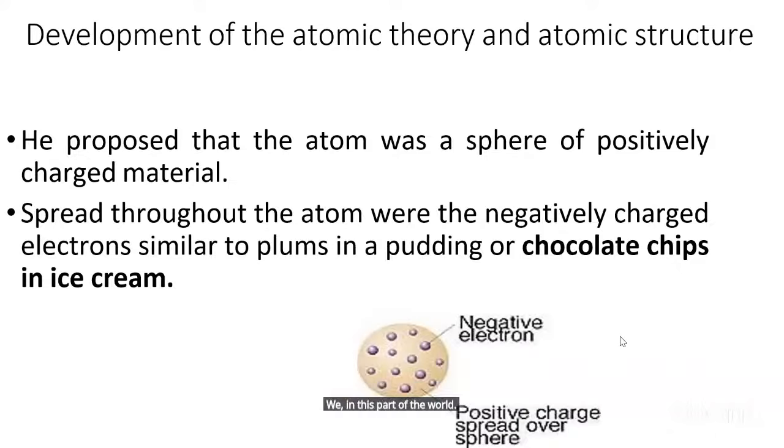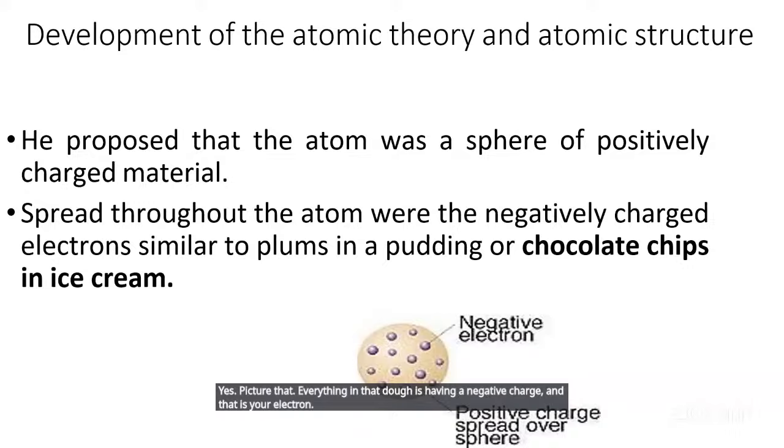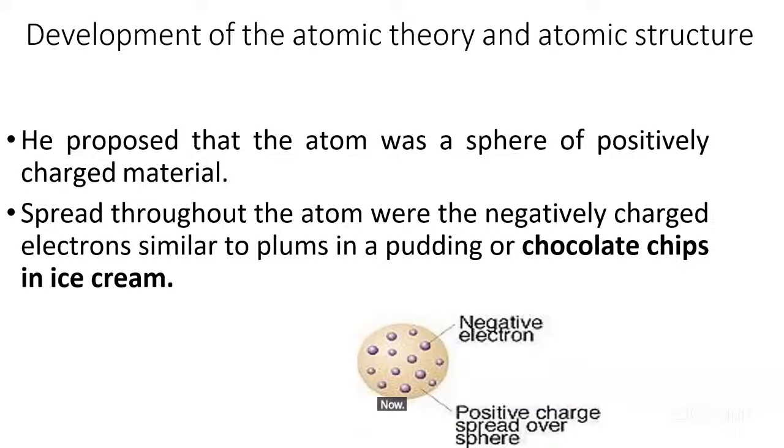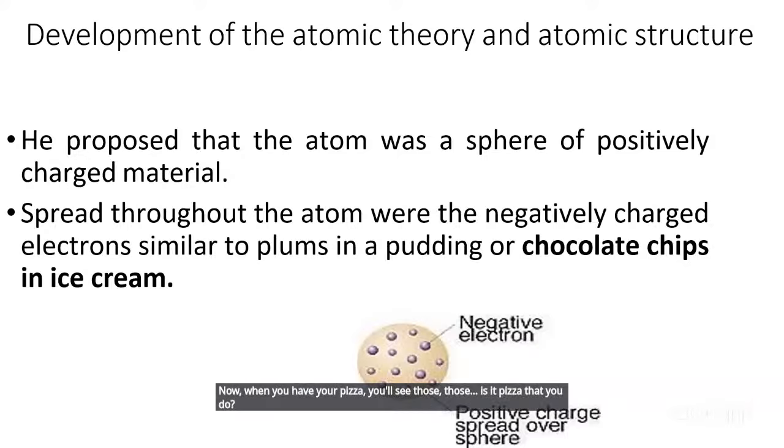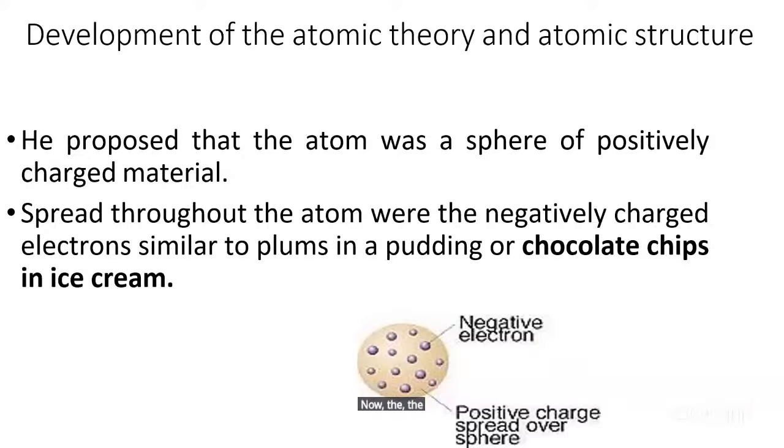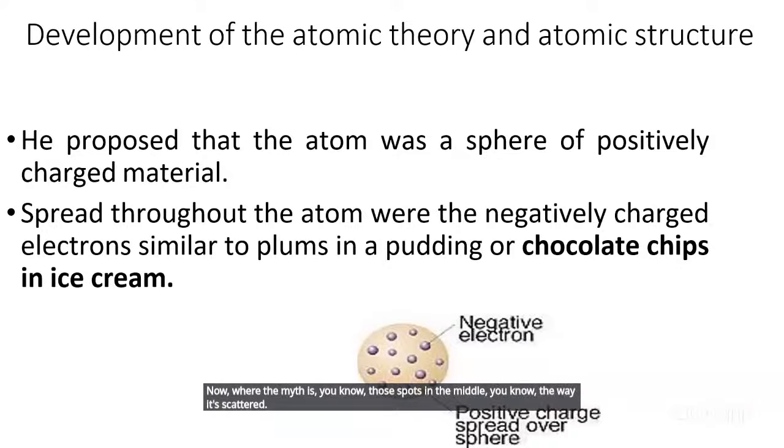Just picture your pizza. The dough of the pizza is circular. Picture that everything in that dough has a negative charge, and that is your electron. Now, where the meat is, those spots in the middle, the way it's scattered depends on your money.